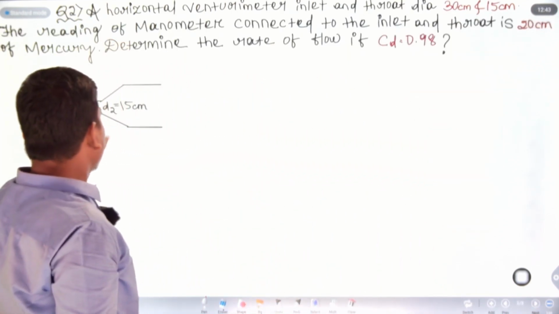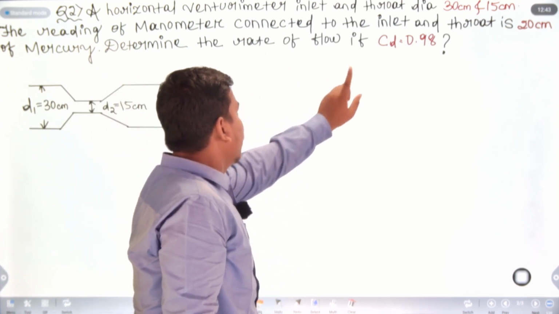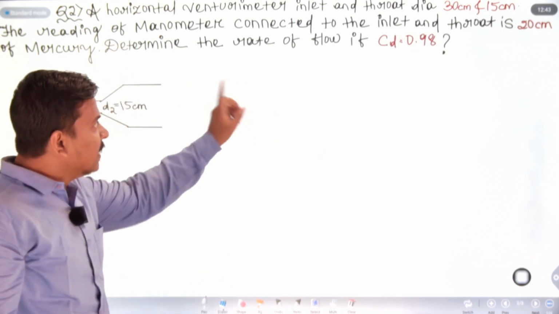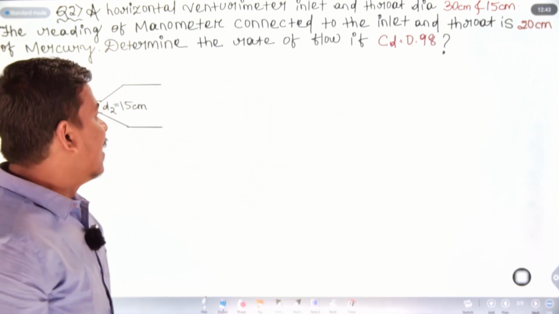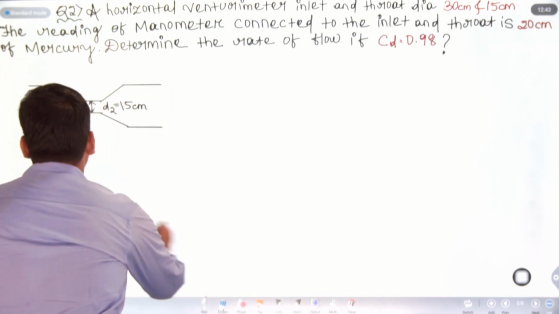The question given: a horizontal Venturi meter with inlet and throat diameters 30 cm and 15 cm. That means D1 is equal to 30 cm and your D2 is equal to 15 cm. Solution.